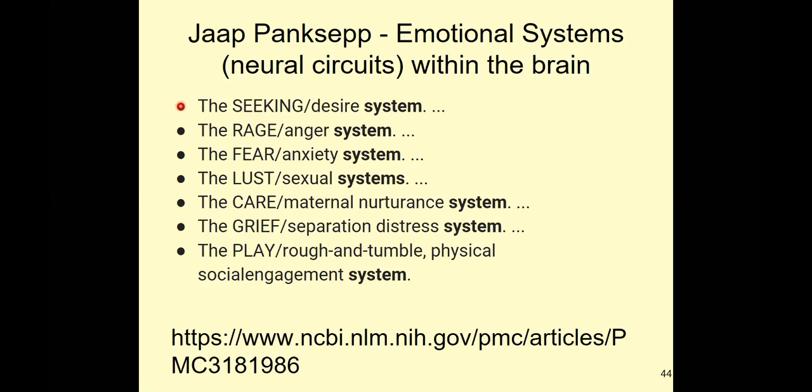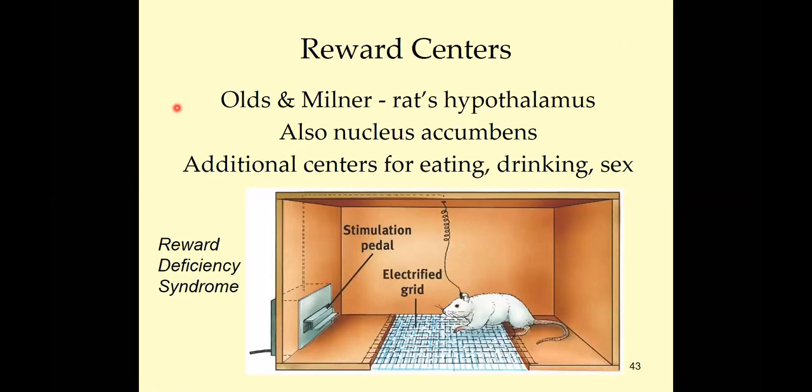And by the way, these neural circuits can involve numerous brain structures. So here we're not looking at a brain structure, but a series of brain structures working together to produce these affective, motivational, or emotional responses. So one is what he called the seeking or desire system. This is that system actually that we were looking at here.